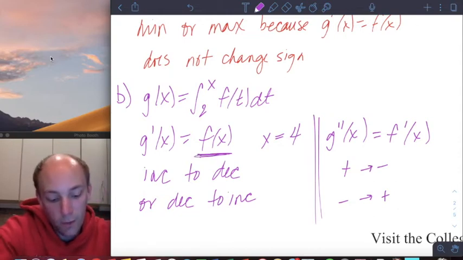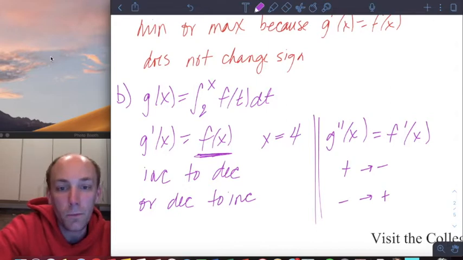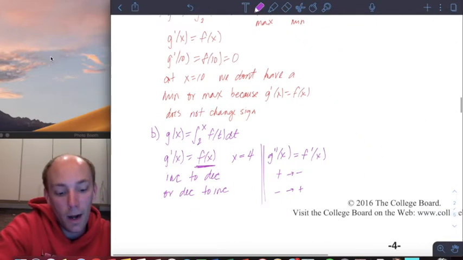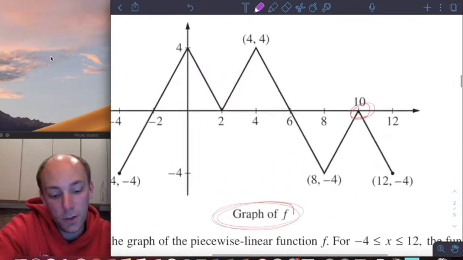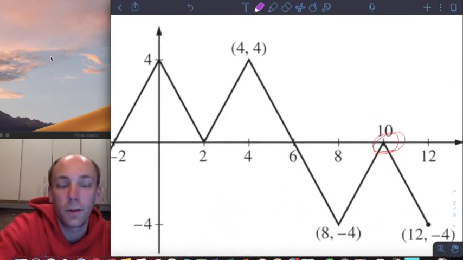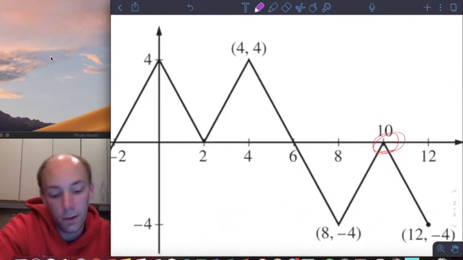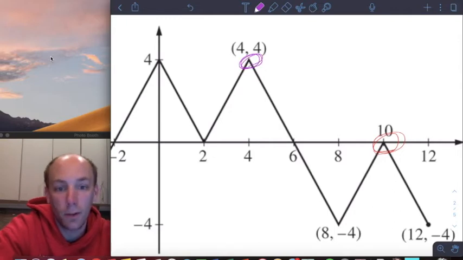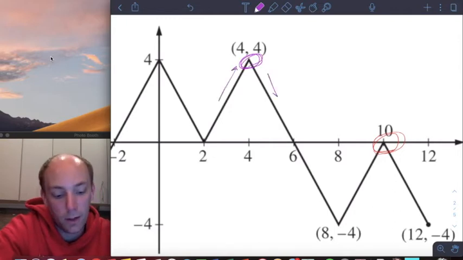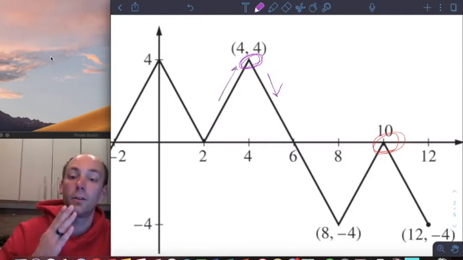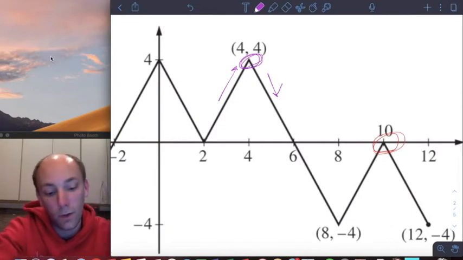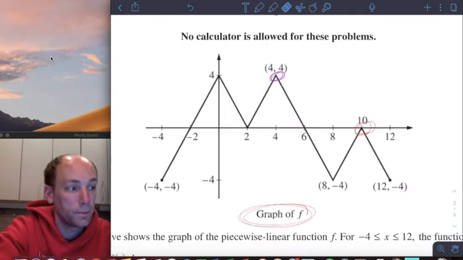So I want to use this function here. So at x equals 4, I want to see, am I changing from increasing to decreasing or decreasing to increasing? At x equals 4, the graph goes up and then it comes down, right? So that'd be increasing and then decreasing, so that would be a point of inflection.